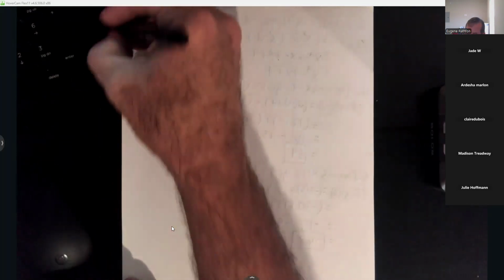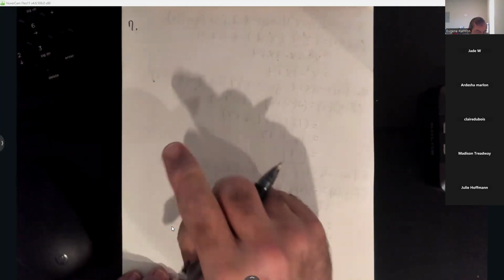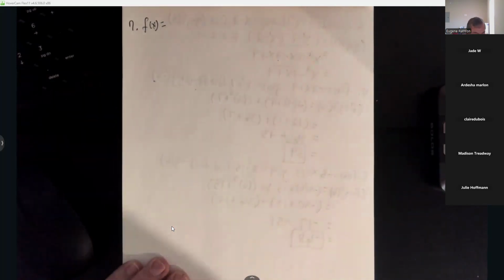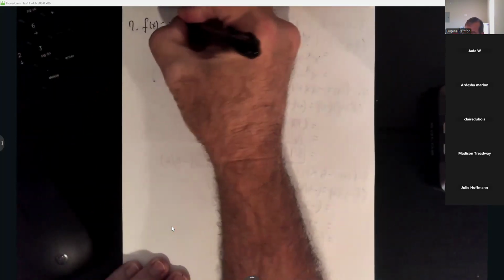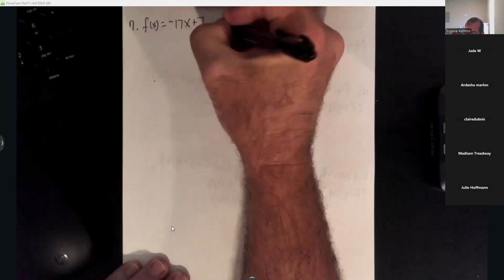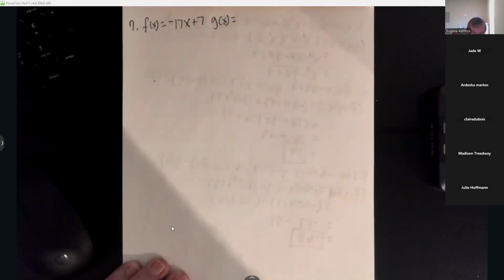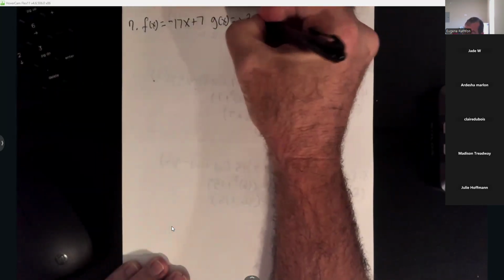Okay, y'all, so that puts us on number 6 here. All right, so that one is more multiplied, so I'm going to do number 7 here. Also, this one I got f of x is going to equal negative 17x plus 7. g of x is going to equal x squared plus 9.